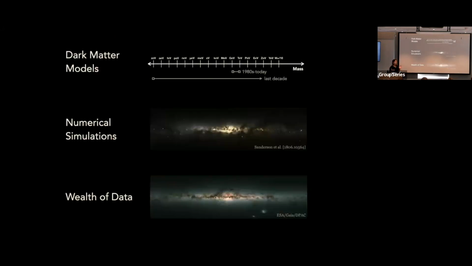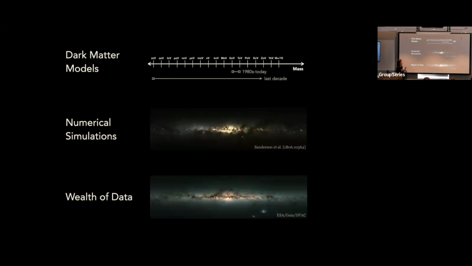Now, why is this an opportune time to be delving into this? I think there are three key things coming together at this point in time. The first is a resurgence in model building in the particle physics community, a rethinking of the kinds of models for dark matter that are viable.